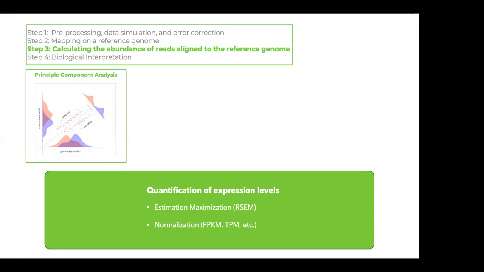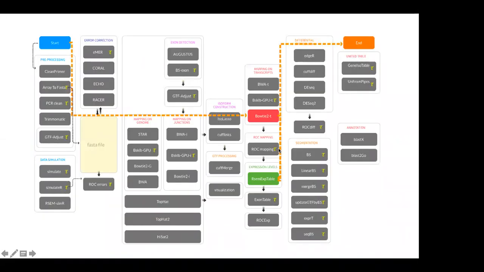This is usually done by an algorithm called RSEM, RNA-Seq by Expectation Maximization. RSEM gives us results in RPKM, FPKM and TPM. So let's go to the server, run this and check out the results.